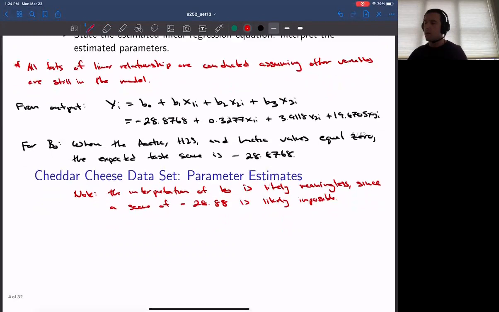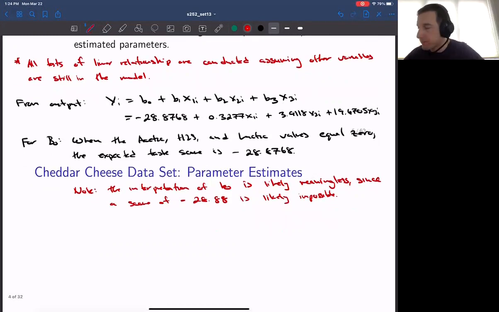Okay, so I can't say for sure if the scoring system uses a standard set of values. You would assume that the scores for each of the cheeses have to be between like 0 and 100, say. But my guess is that a score of negative 28 is probably impossible because they wouldn't score a cheese in terms of taste below a value of 0. So more than likely, this interpretation is not actually meaningful in the context of the problem.